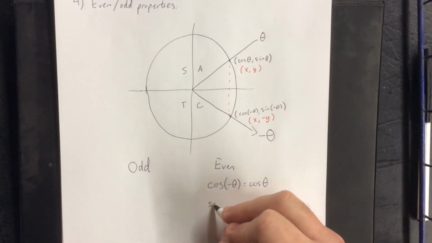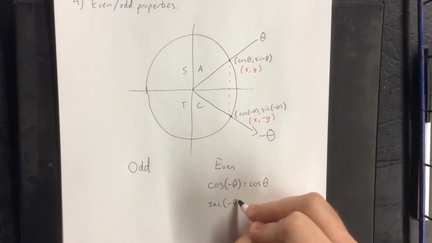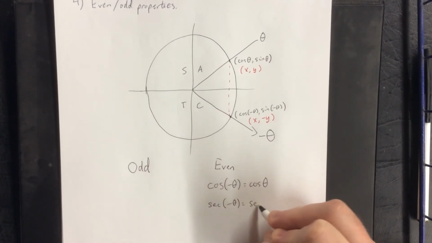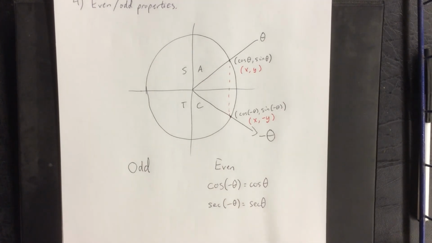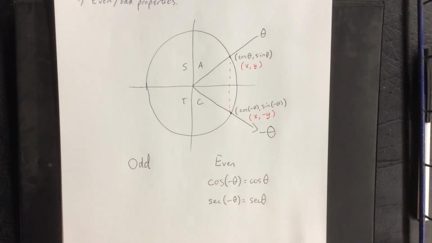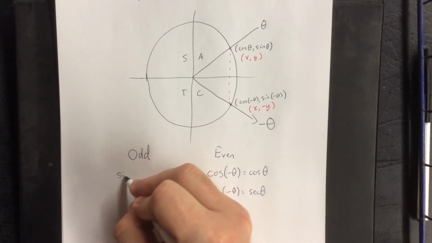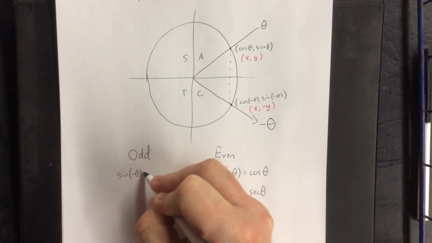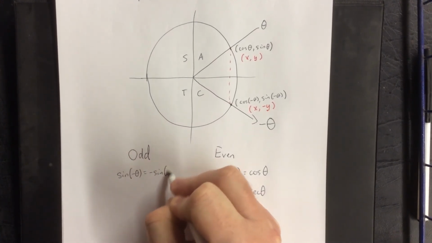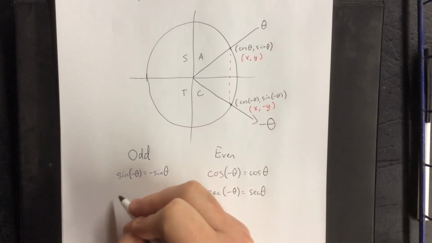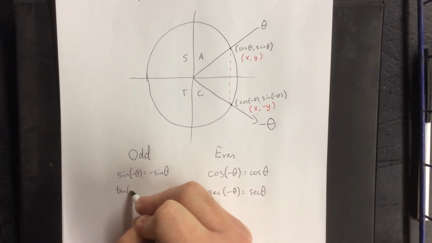But if it's true for the cosine, it's going to be true for the secant as well, because the secant is 1 over the x-coordinate. The reciprocal of a positive quantity will stay positive. The other 4 trigonometric functions all become negative as we move from quadrant 1 into quadrant 4.